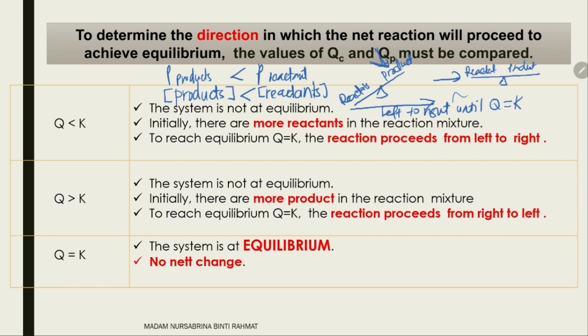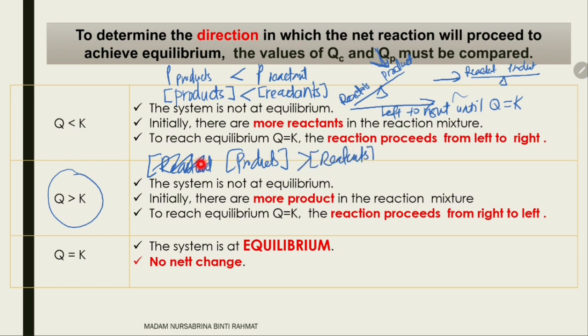Secondly, when Q is greater than K, that means the product concentration is greater than the reactant concentration. If we draw a seesaw, it will slant towards the product side, so the product is the heavier side and the reactant is on the light side.